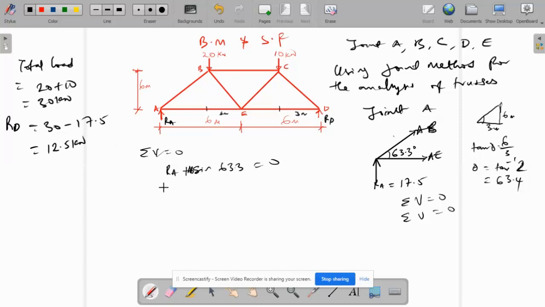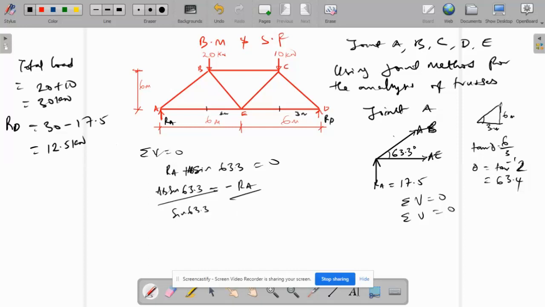So our AB sine 63.3 is equal to minus reaction A. So divide both sides by sine 63.3.